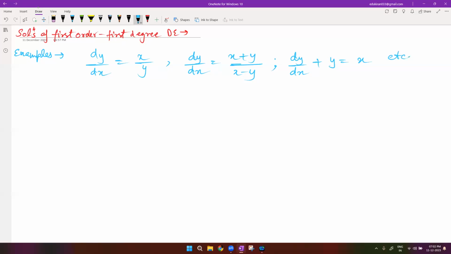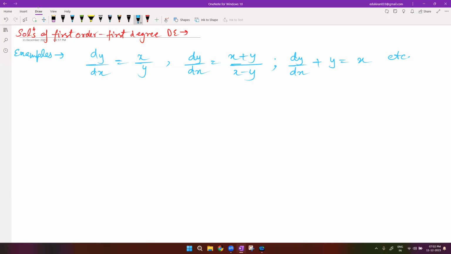So all these forms of differential equation are first order and first degree. This is the most basic differential equation, right? This is the first step only. We can either increase the degrees or increase the order, right? So there are various combinations, but we are only talking about the simplest one right now. So we will be talking about first order, first degree differential equations.